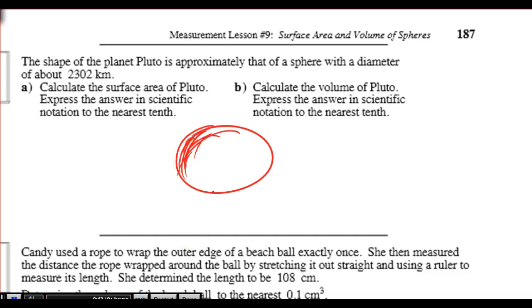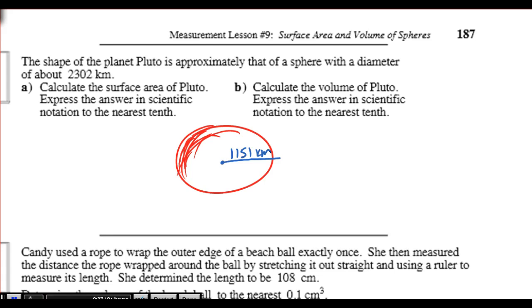I'm not sure if that helps. Not the best artist here, but bear with me. So the diameter is 2,300. So the radius here would be 1,151 kilometers. Not a very big planet.